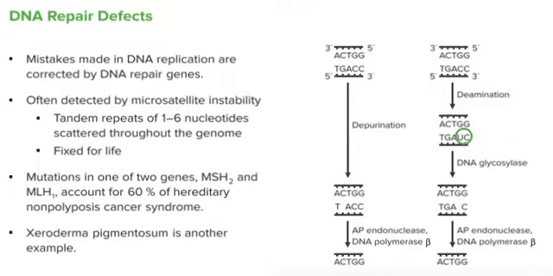What is another name for Lynch? Hereditary non-polyposis colorectal cancer, giving rise to what kind of colorectal cancer? More so right than left side. Another condition which we talked about earlier with DNA repair mutations is your thymine dimer with xeroderma pigmentosum. We walked through this in greater detail earlier.